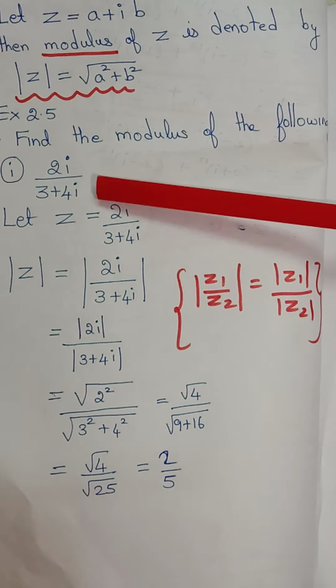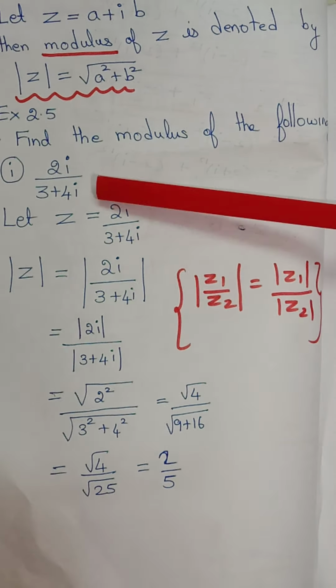Now let me do the simplification for the numerator. Actually, modulus means what? Real number square plus imaginary number square. But in this we do not have any real number. The real number is 0, so no need to write a square here. What is the imaginary number? 2. So I am writing only 2 square. Now let me find the modulus of the denominator.